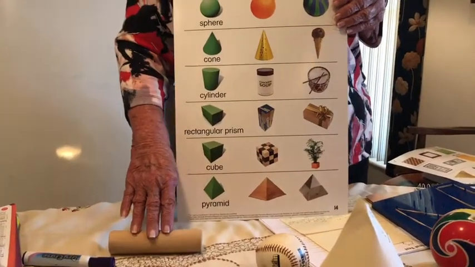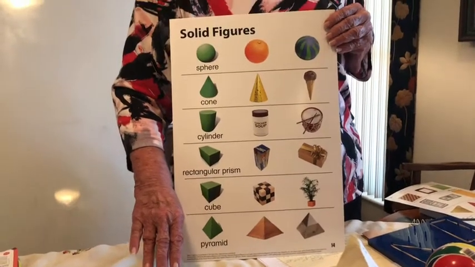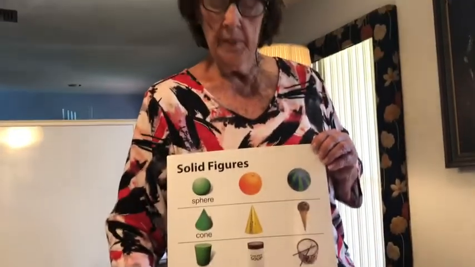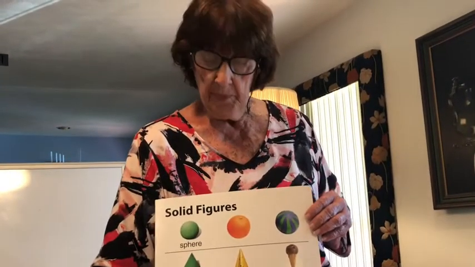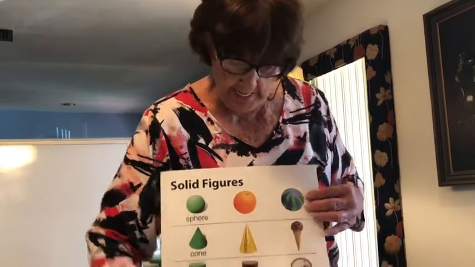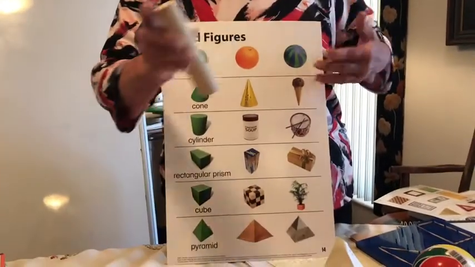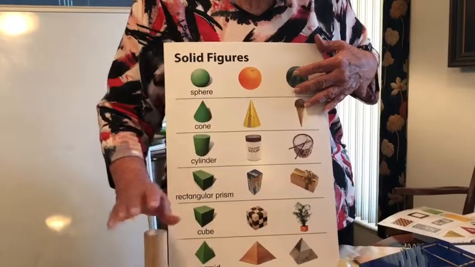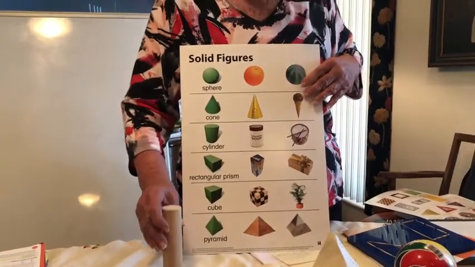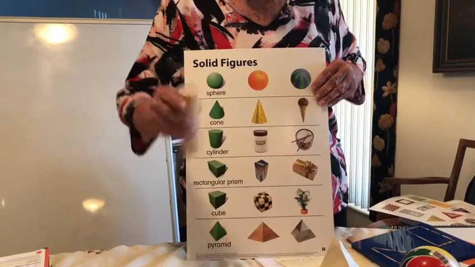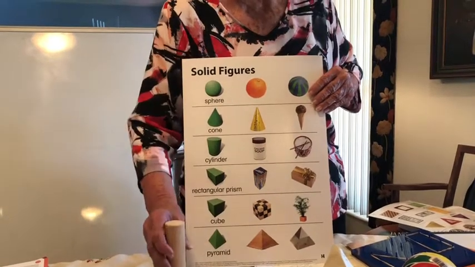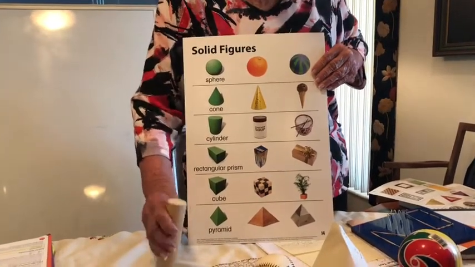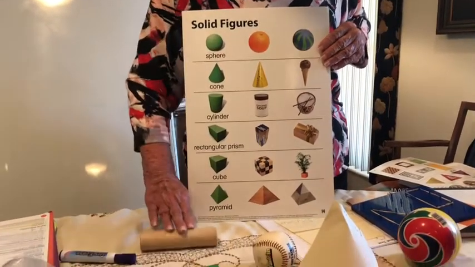The roll of yarn, the paste, that was a roll. So it has two flat surfaces, and we could stack another cylinder on top of that. That's our flat surface. Even though it's a circle, it's flat. And it is curved.